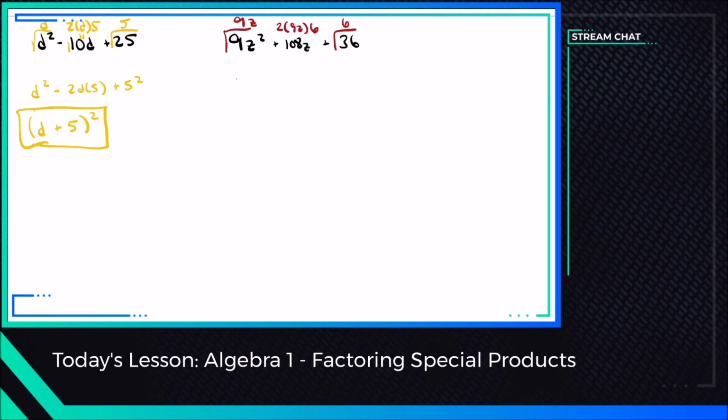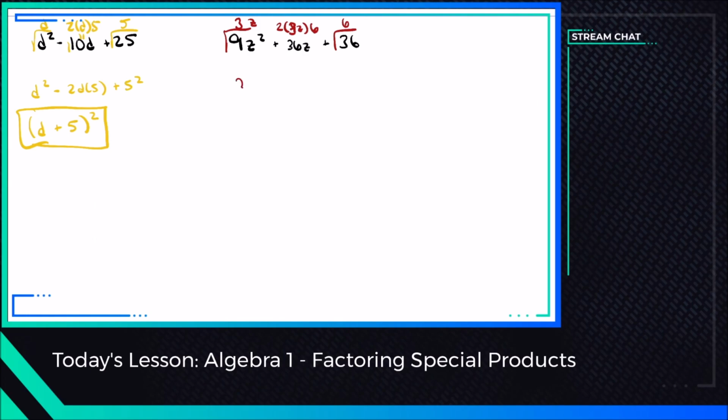Anyways, we can rewrite this now as 9z quantity squared. Actually, I made the mistake, not the textbook. The square root of 9z squared is 3z. And now 2 times 3 is 6. 6 times 6 is 36.